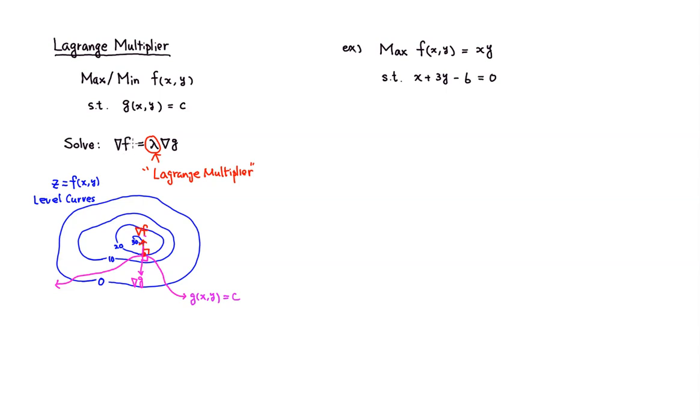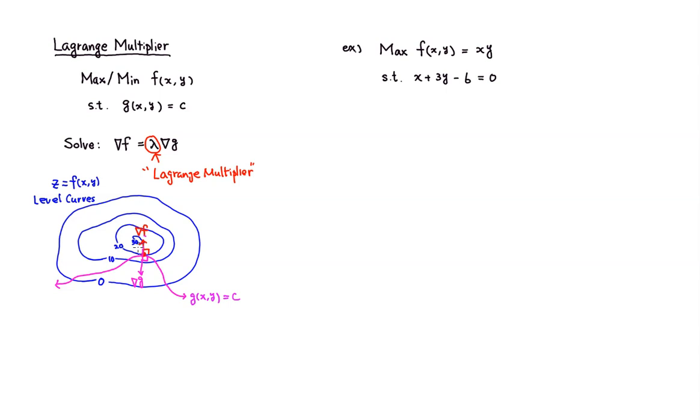The gradient of f is perpendicular to the level curve, and the gradient of g is perpendicular to the path of the hiker. It's a constant multiple, which means they are parallel, either pointing in the same direction or completely opposite. So we know that the gradient of f and gradient of g are parallel when the maximum or minimum occurs.